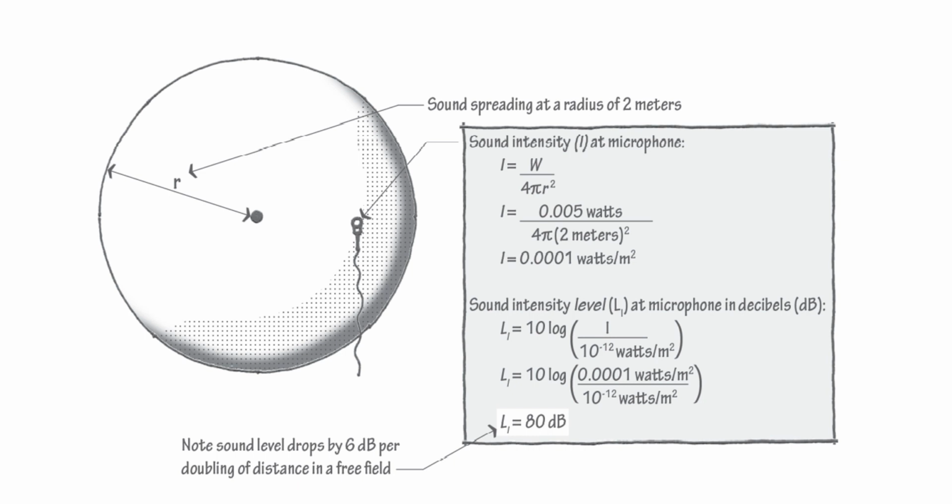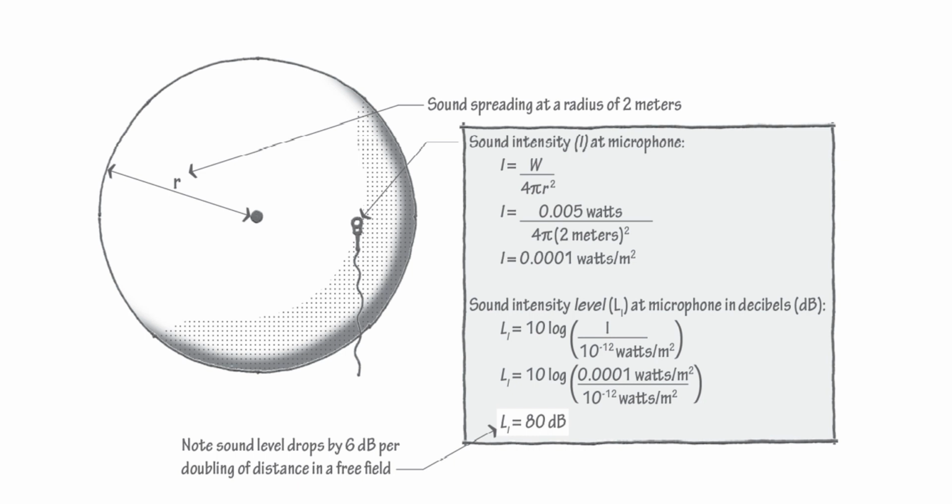In this example, there is 0.005 watt of sound power, and there is a receiver at 2 meter distance. What will be the sound intensity? This is an example question.